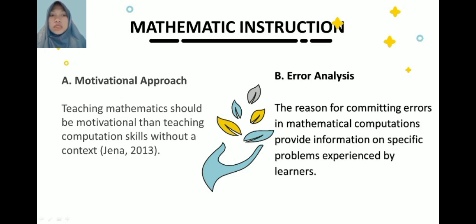In this strategy, teaching mathematics should be motivational rather than teaching computation skills without a context, according to Jenna 2013. This means that when teaching mathematics, learners should be exposed to problem-solving approaches and strategies using day-to-day life.